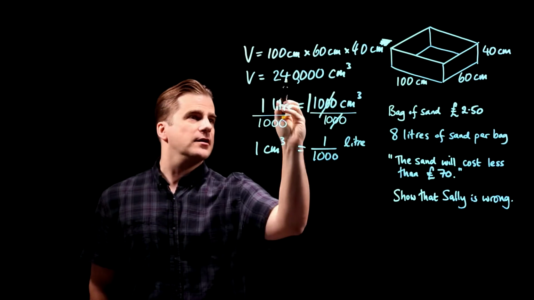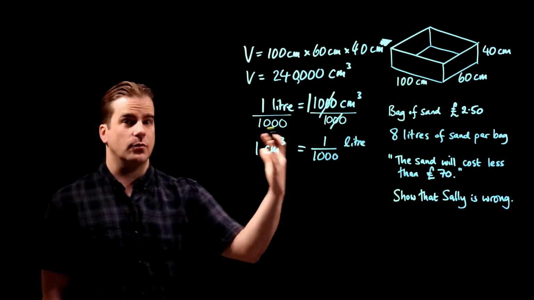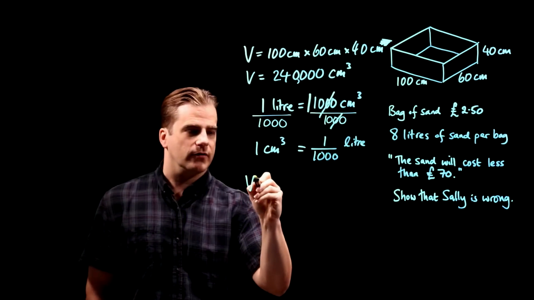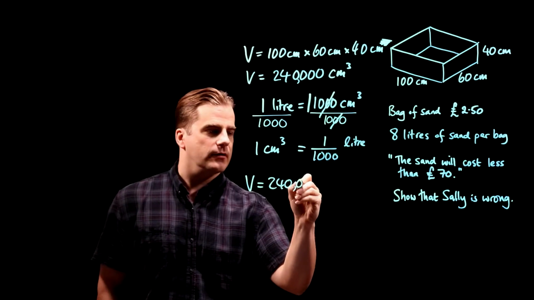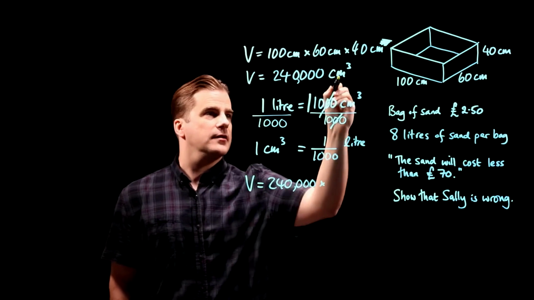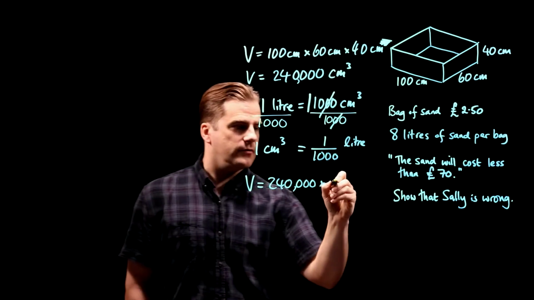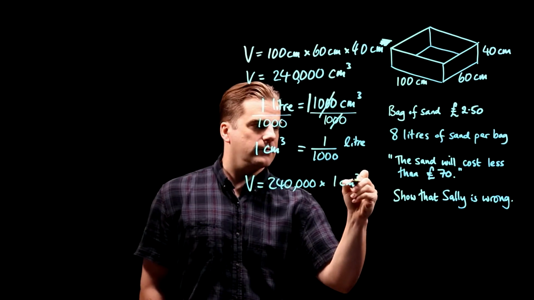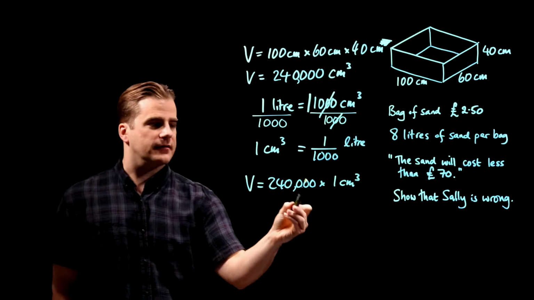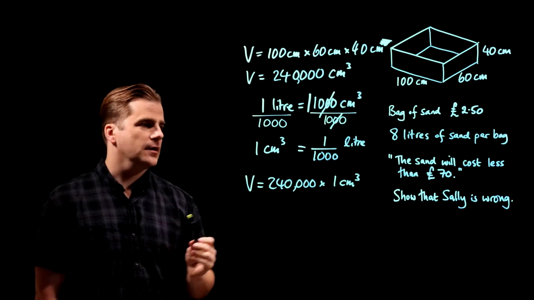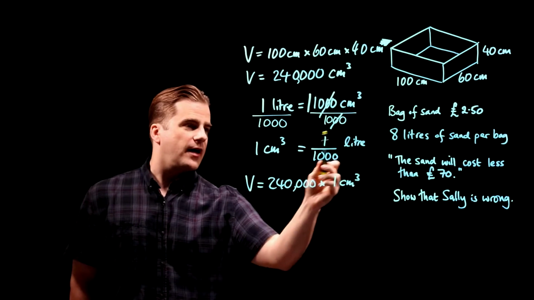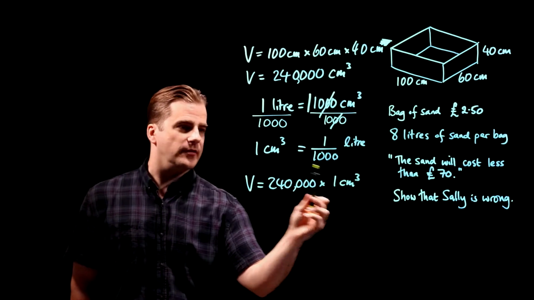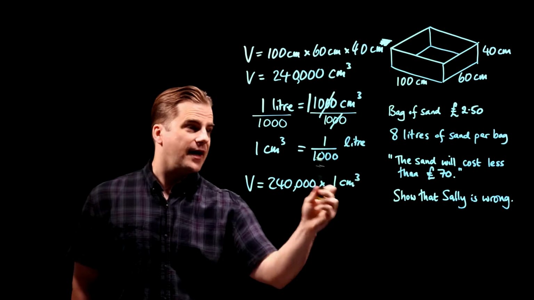That's the same as 240,000 times 1 centimetre cubed. So we've got V is 240,000 times 1 cm cubed. Okay? That and that, the same thing. So all we do is substitute in that for 1 centimetre cubed, because 1 centimetre cubed is that.